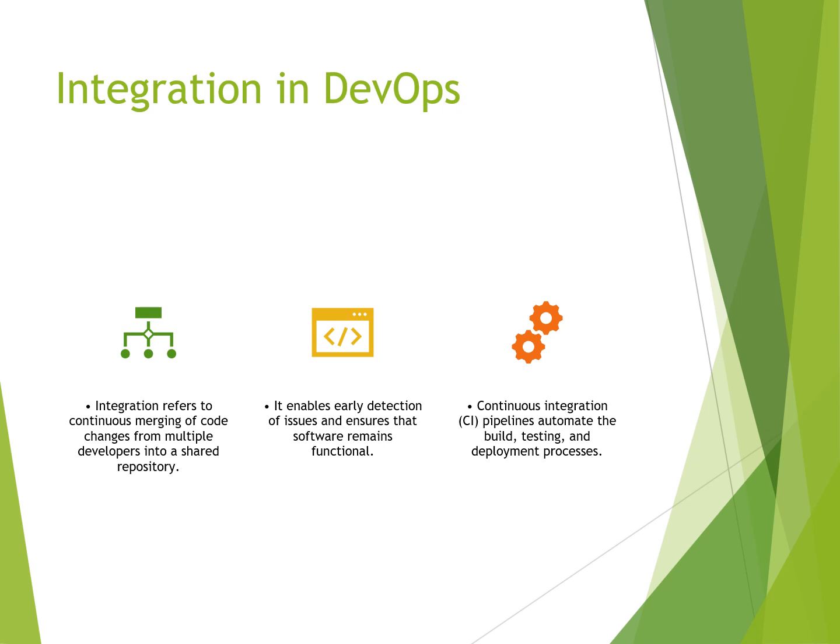This continuous integration involves regularly merging code from different developers to ensure that software remains functional and that issues are caught early. Continuous integration and automated testing are very vital to detecting issues before they reach production.